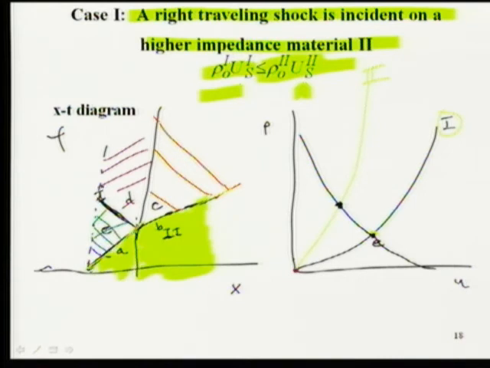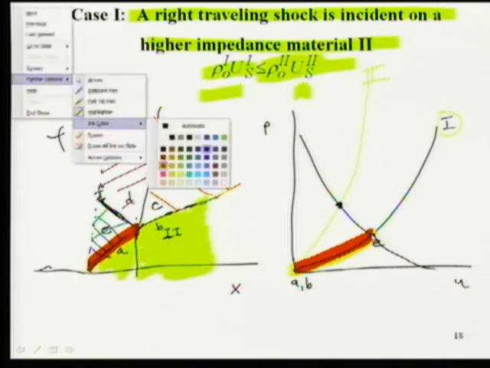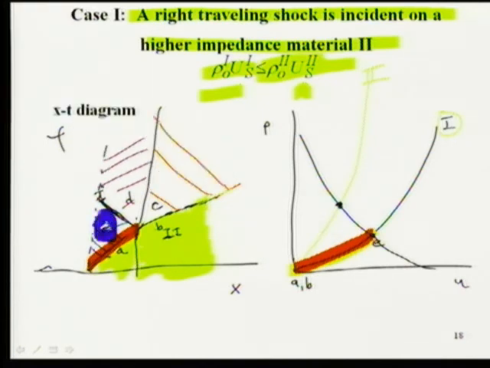Or what we have is, let's start with A and B. We know those are 0, and we go from A to E, which is along this Hugoniot. That's over here. That's this shock right here. And in PU space, it's this one. It winds up at field E. So we see then that field E is represented by this one point. This point right here.